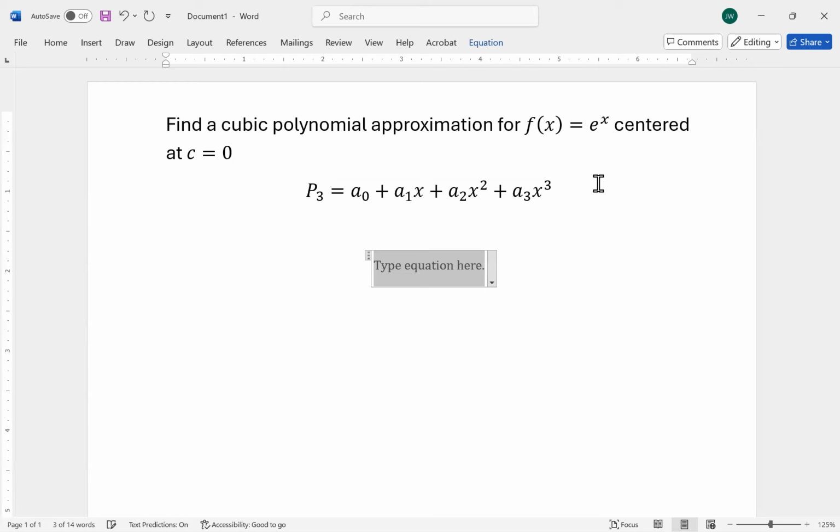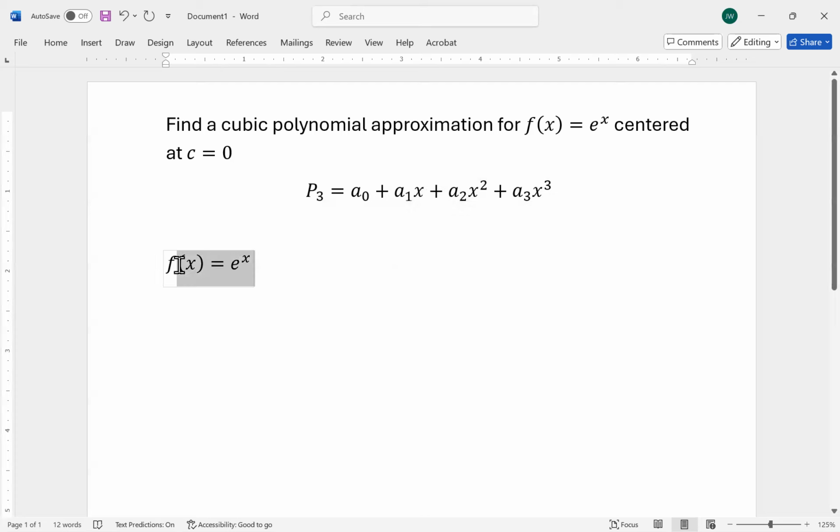The nice thing about this particular function, f of x is equal to e to the x, is that I know what happens at 0. What happens at 0 is I get a 1.